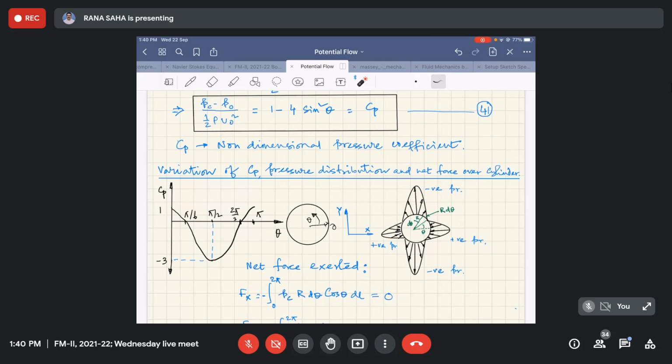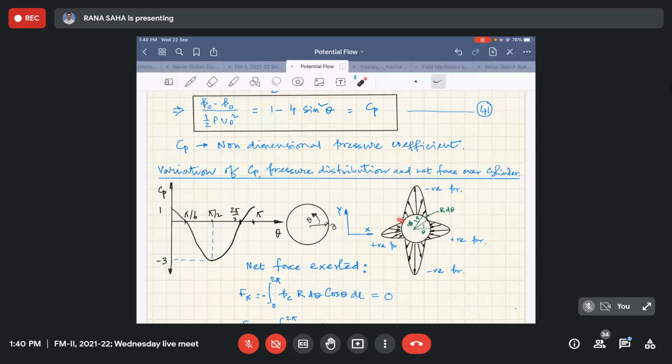So once you know this Cp, from this knowledge of Cp, one can also have the idea of the distribution of pressure over the surface, or mathematically on the radius r equal to capital R. So from that, see here there is no magnitude of the pressure being plotted. It is just the nature of pressure that is expected.